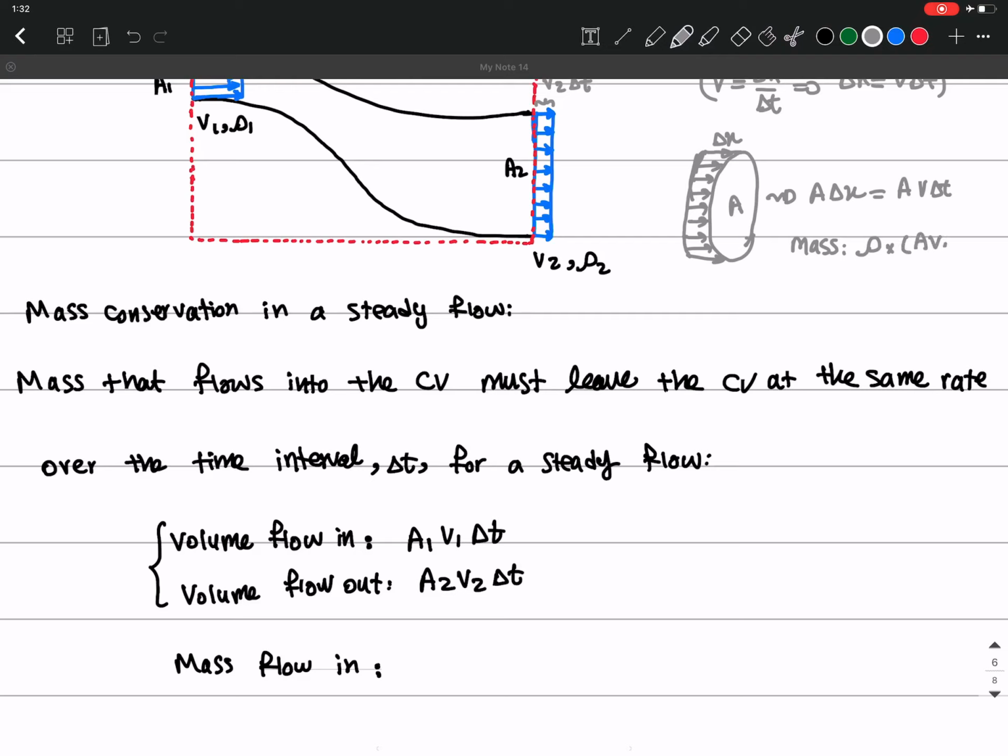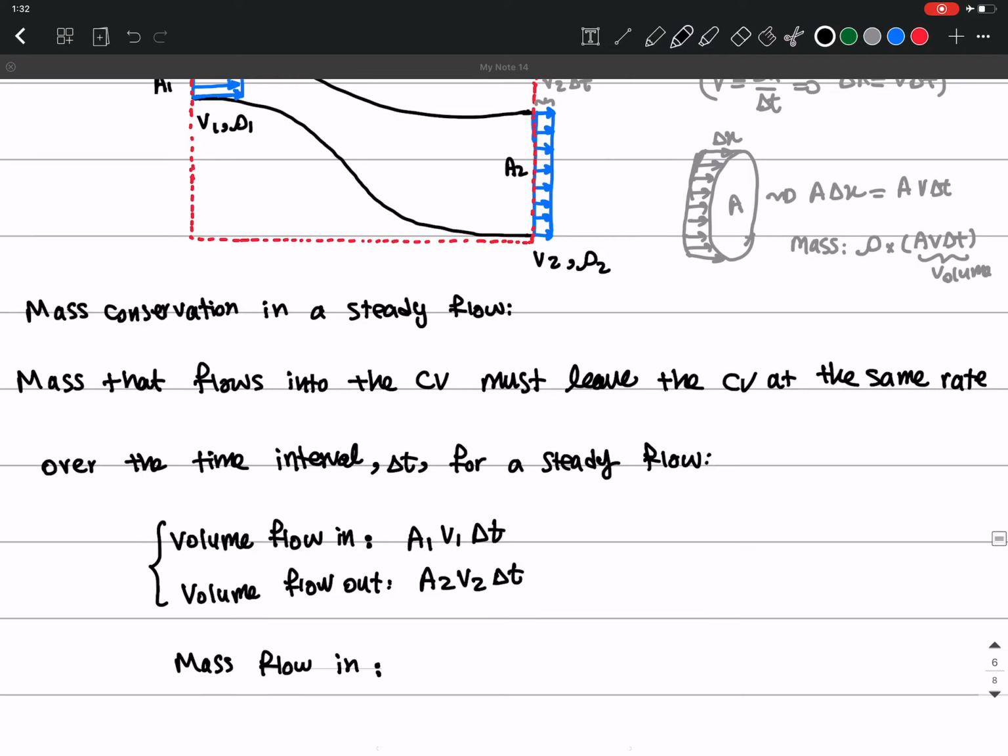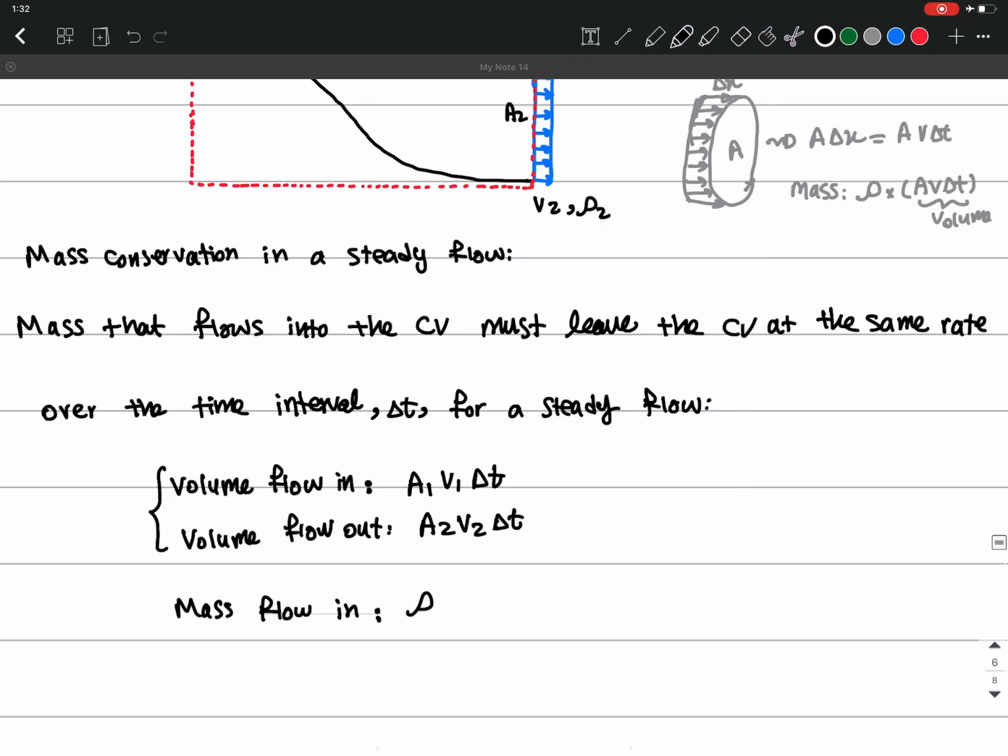Which is A V delta T. So this is volume, and you will get mass. So I'm going to do the same thing. Rho 1, A1 V1 delta T. And then mass flow out, we have rho 2, A2 V2 delta T.